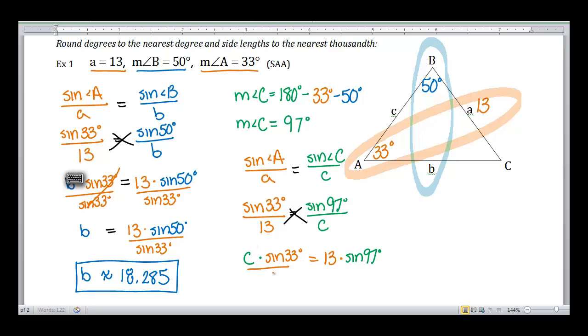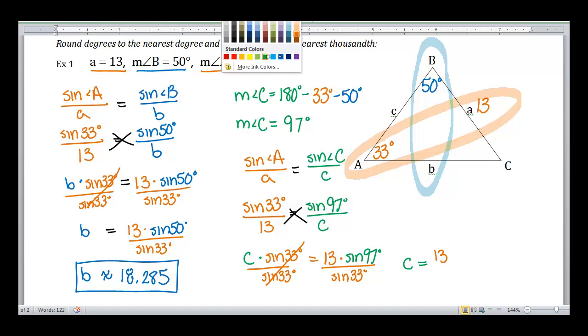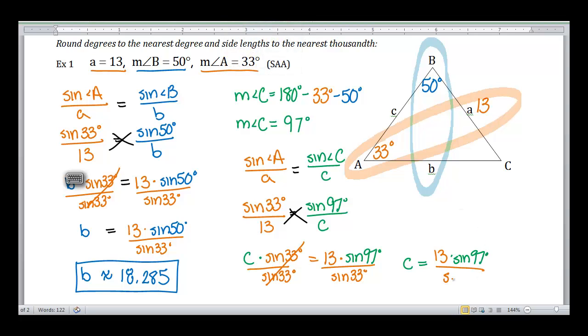So if I divide by what's being multiplied times C, the sine of 33, on each side, I'm going to get C to equal 13 times the sine of 97 divided by the sine of 33.